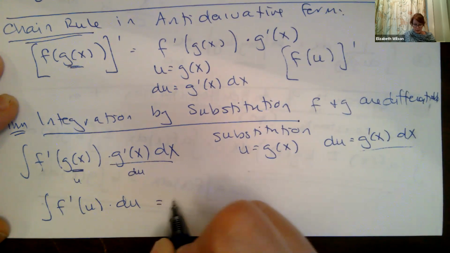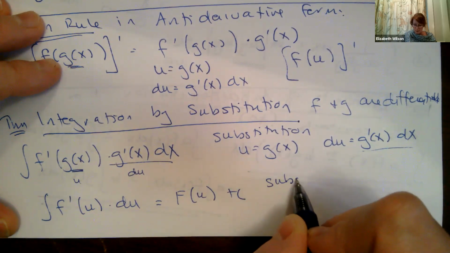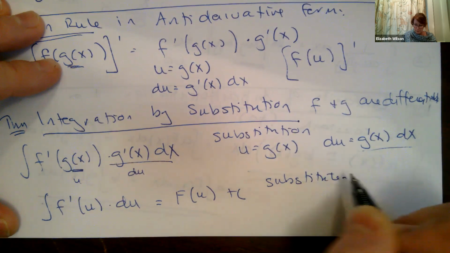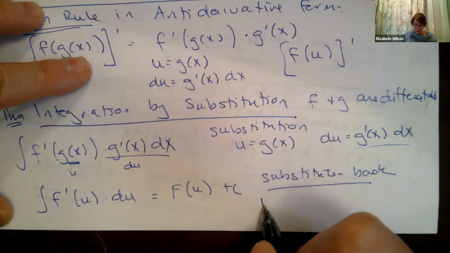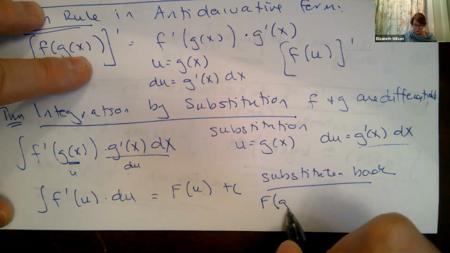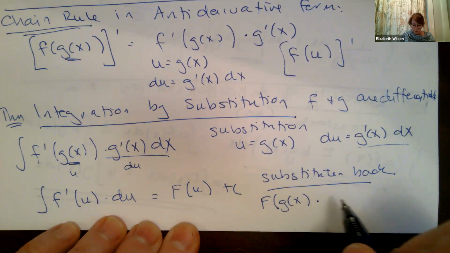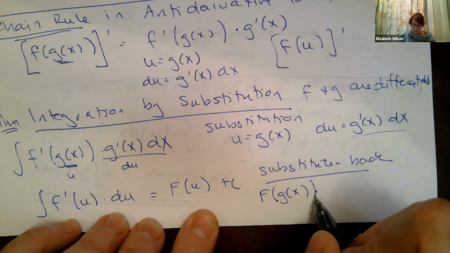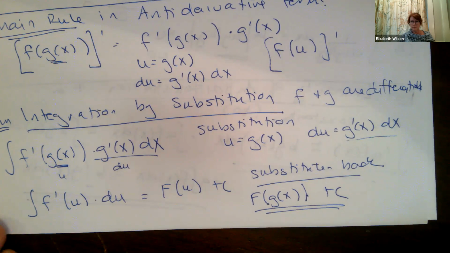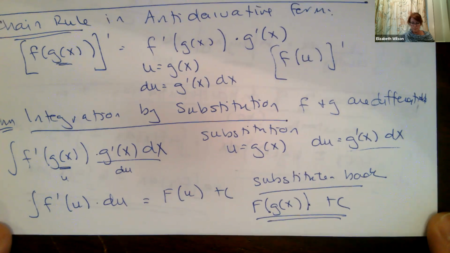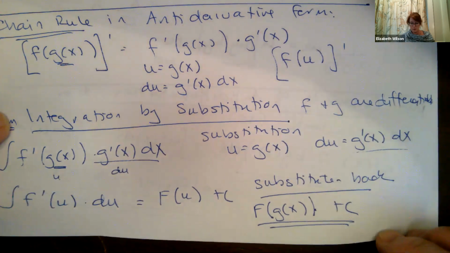And then what I get is f of u plus c. And then I have to substitute back, right? So it's in terms of x. So it's going to be f of g of x plus c. Okay. Okay, guys. We'll do an example, and then I'll stop and answer questions about the homework.